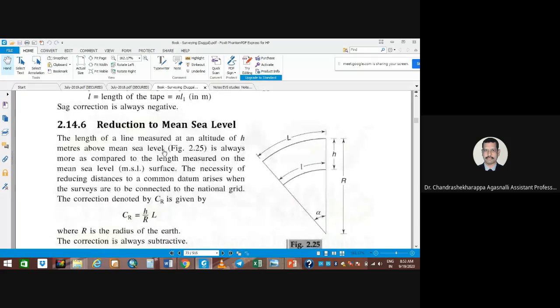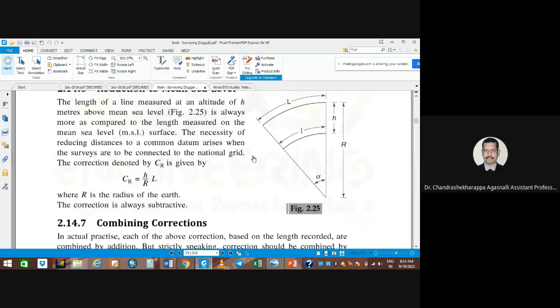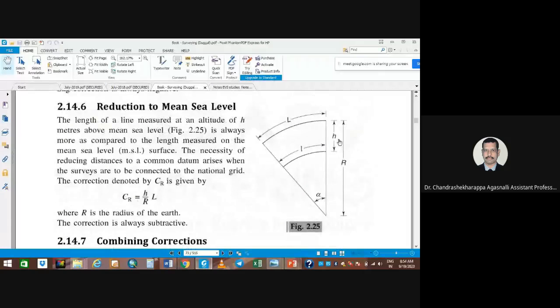Another one is called reduction to mean sea level. The length of a line is measured at an altitude of h meters above mean sea level. Here you can see this height, this is a reduced level.